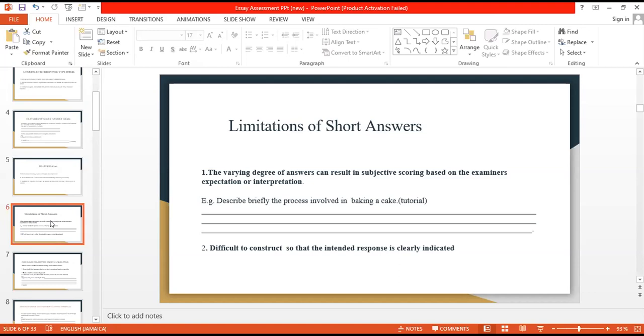It will vary. So you probably have to say what the steps should include, a specific word or a specific thing that you want them to say. All right. Any other ideas on that? How would you ensure that you are well prepared for fairness in marking a short answer response?